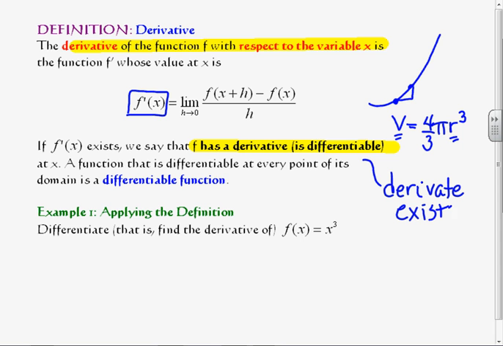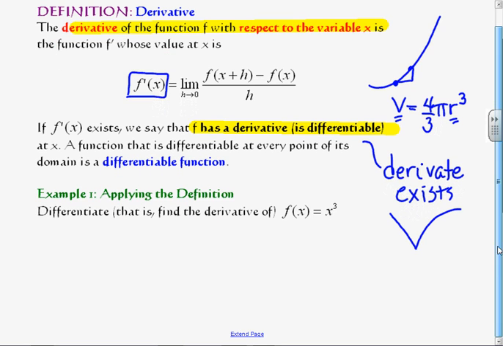What happened when we had a sharp corner? What happened at this point? It doesn't exist because you can't find a single value for the slope. So that's the problem with the sharp corners. So if they say it's differentiable, it means it's always going to be smooth. No abrupt changes. Is that an inflection point?